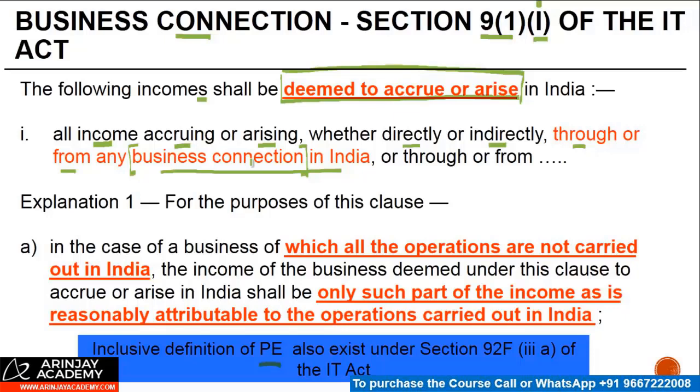So if there is an agent in India who helps in the delivery of the goods which a non-resident sells, helps identify customers, and helps conclude contracts, and the production activities are carried out by the non-resident outside India, the two activities interact with each other to result in profit from manufacturing activities for the non-resident.